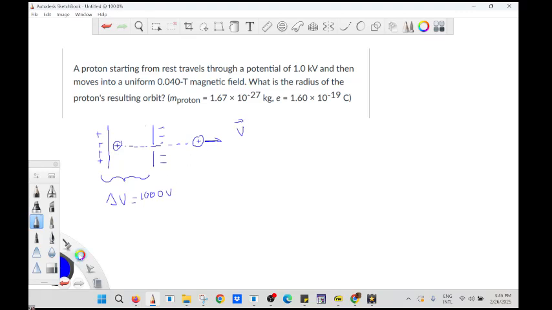And let's say it's going to enter a magnetic field, which is uniform, so it means same magnetic field everywhere. Let's say it's inside the screen here.